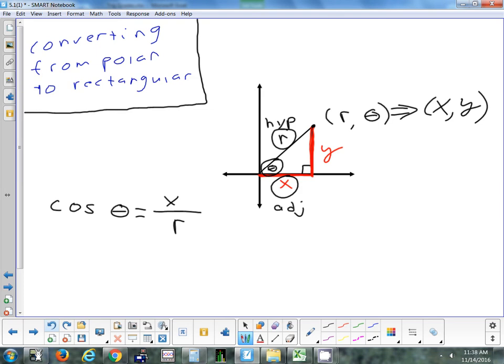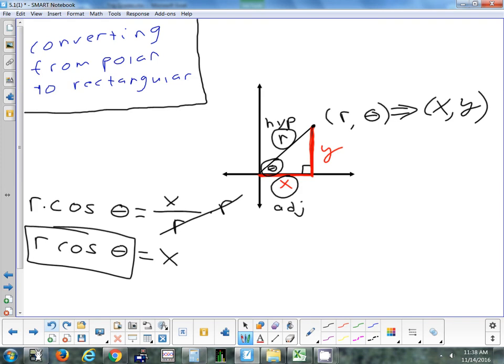Yeah, multiply by r. Perfect. Just multiply by r and multiply by r. So r cosine theta equals x. Okay, so now we know they'll give us r, they'll give us theta. Just plug them in. There's your x value.